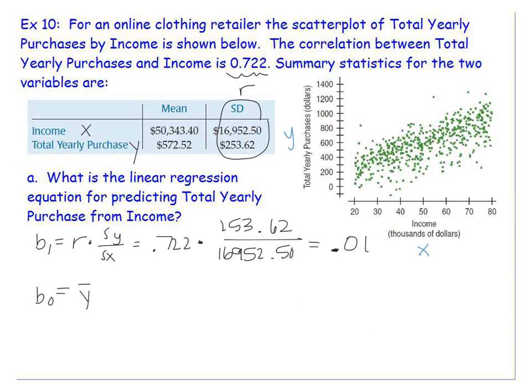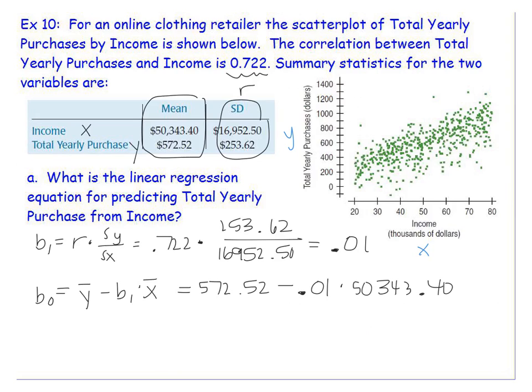So now let's find our B sub 0. Again, that's Y bar minus B sub 1 times X bar. And so Y bar, now we're on to the mean column, which is this one. The Y is 572.52 minus our B sub 1 is 0.01 times our X bar is 50,343.40.